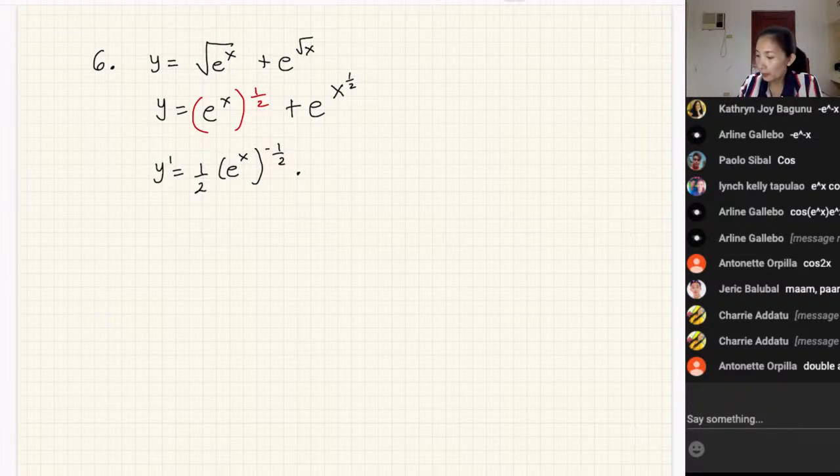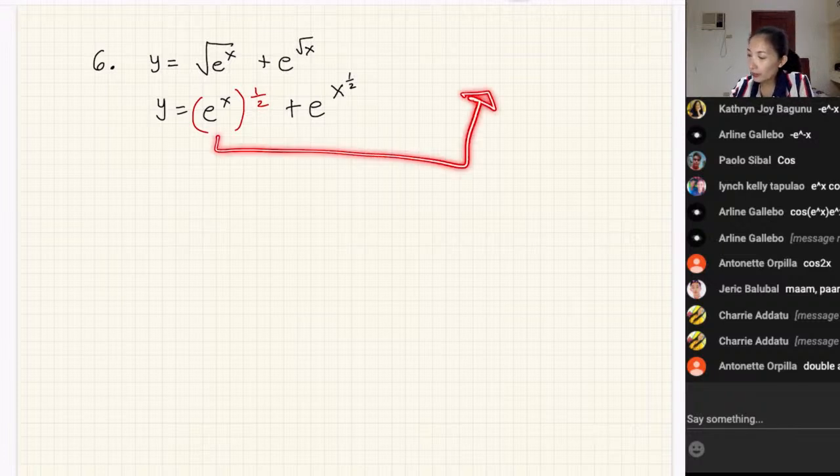Now before we apply that, let's simplify first. It would be simpler if we apply the laws of exponents here, otherwise our solution would be complicated.